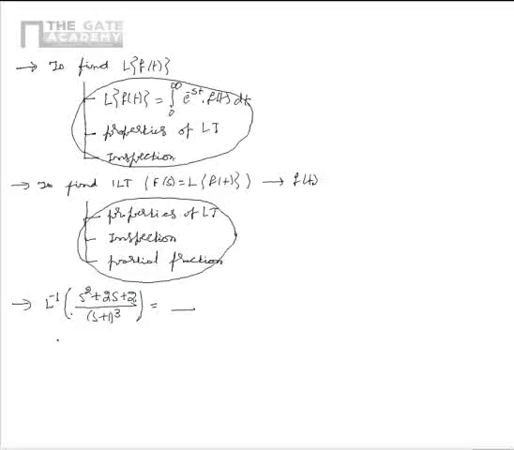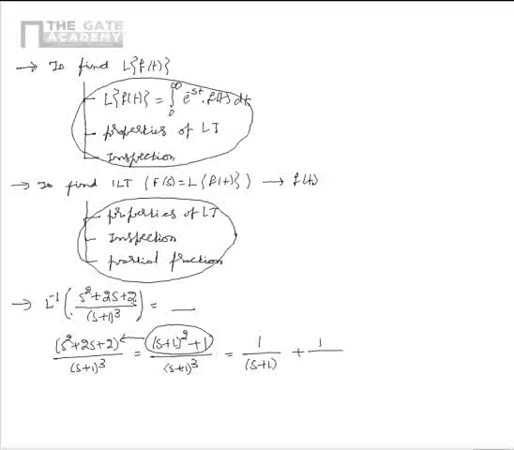We know that this can be written as ((s plus 1) whole square plus 1) divided by (s plus 1) whole cube, because (s plus 1) whole square plus 1 is equal to s square plus 2s plus 2. This can be written as 1 by (s plus 1) plus 1 by (s plus 1) whole cube.